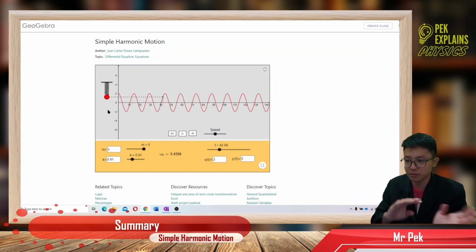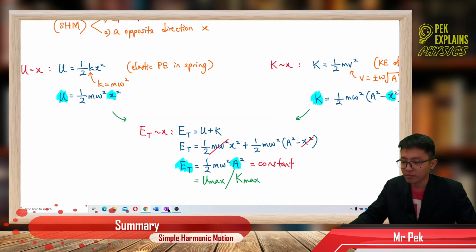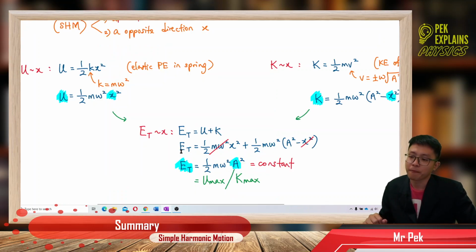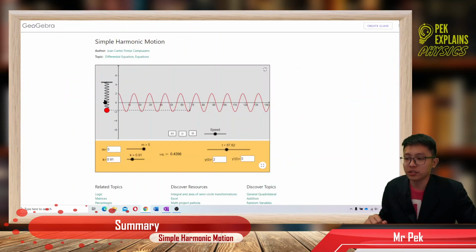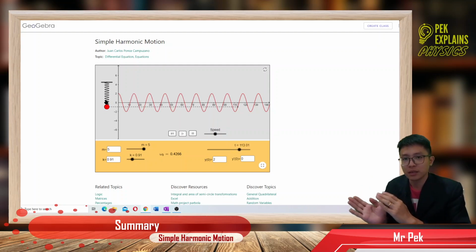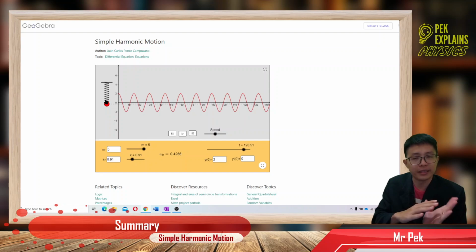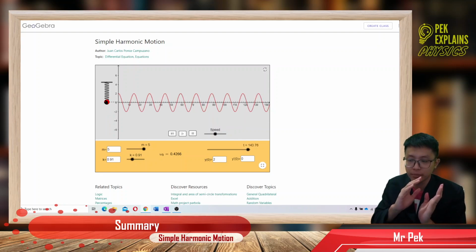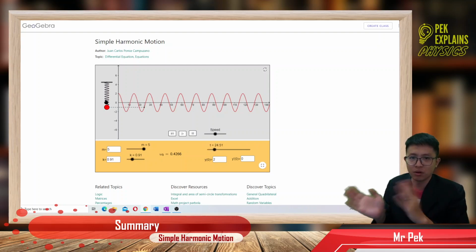So they are interchangeable. That's why the total energy of this system is always constant: the energy just converts from elastic energy in the spring to kinetic energy in the mass and back.